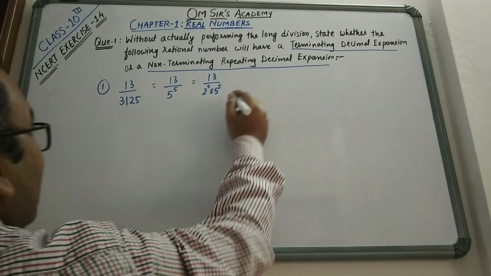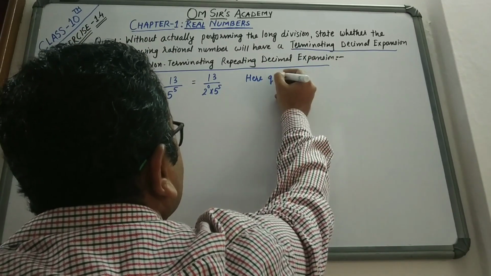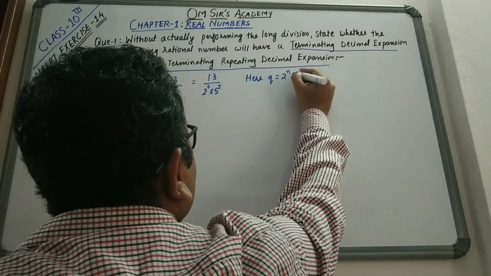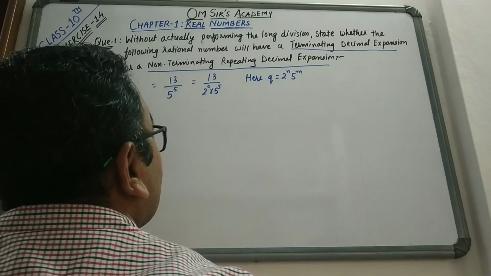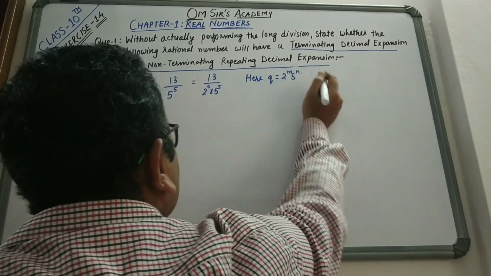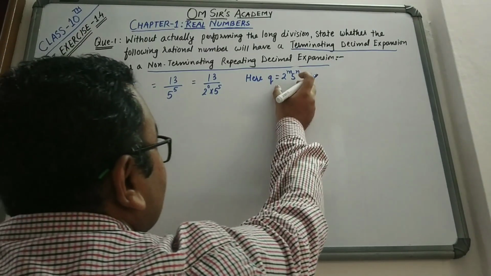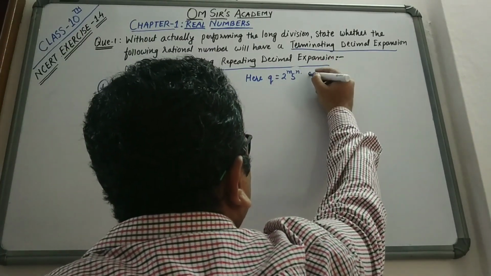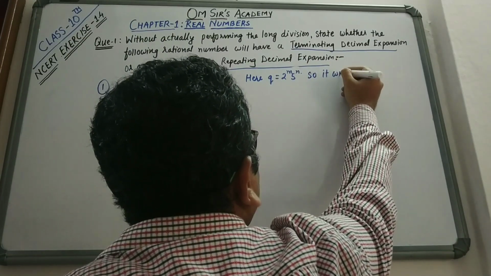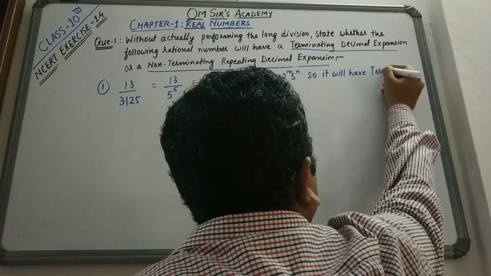So what will we write here? q is in the form of 2 raised to n and 5 raised to m, or we can write it as 2 raised to m and 5 raised to n. So in this form, q is in the form of 2 raised to m and 5 raised to n, so it will have a terminating decimal expansion.